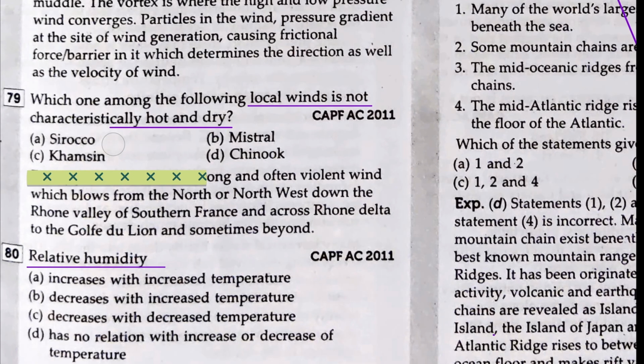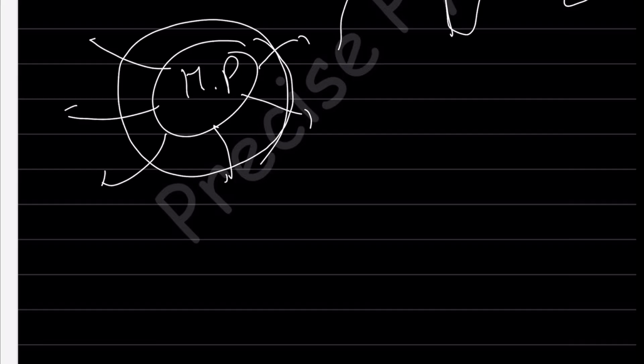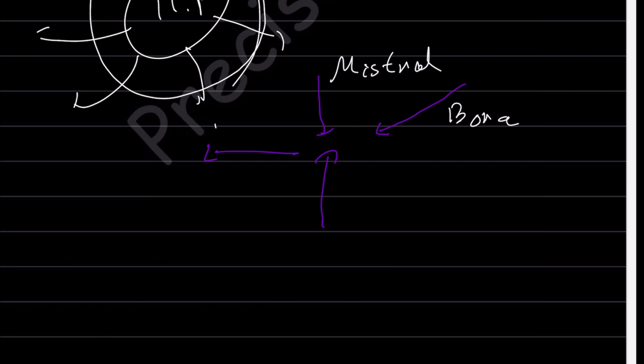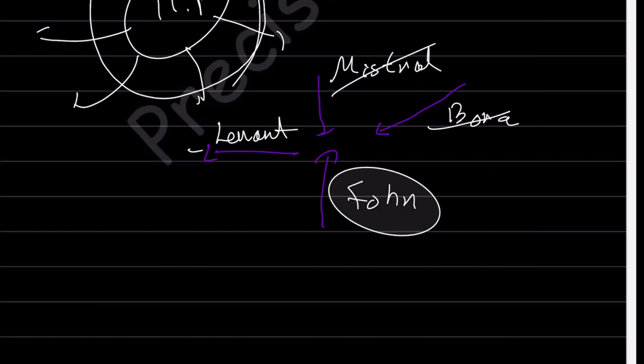If you remember that diagram, in Europe there are Fohn, Levant, Mistral, and Bora. So this is Bora, this is Mistral, this is Levant, and this is Fohn. So this is warm, the rest cold, cold, cold. Okay, let's see the diagram.